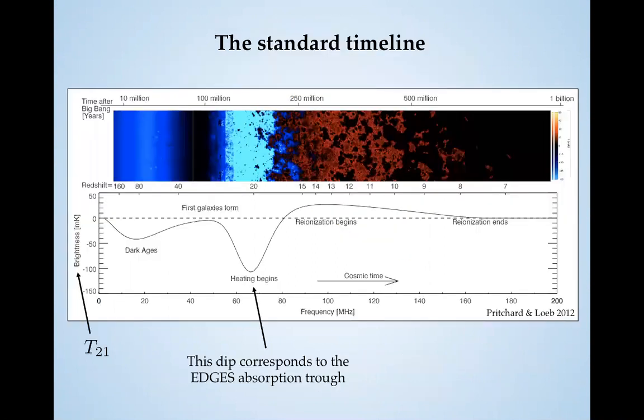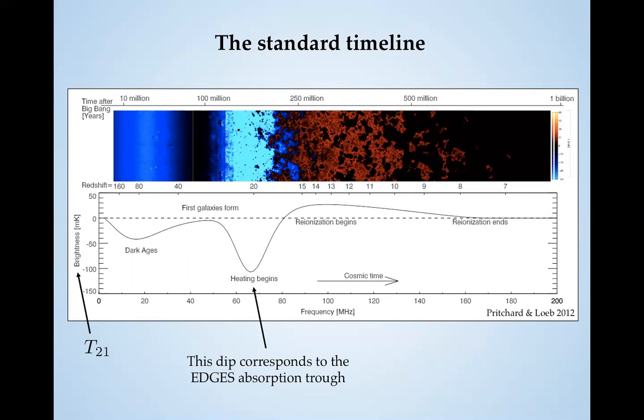So let me explain why an absorption feature was expected, and then we'll discuss ideas that might account for it being anomalously deep. This goes back to the goal of 21 centimeter cosmology, which is to observe the long period between recombination and the end of reionization.